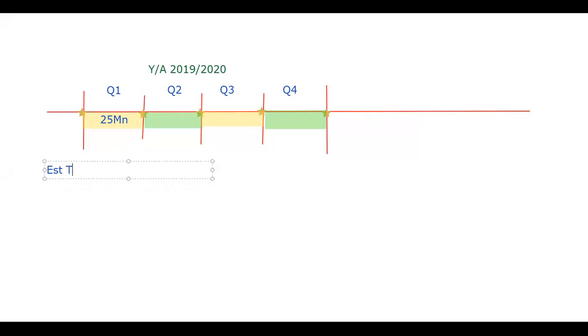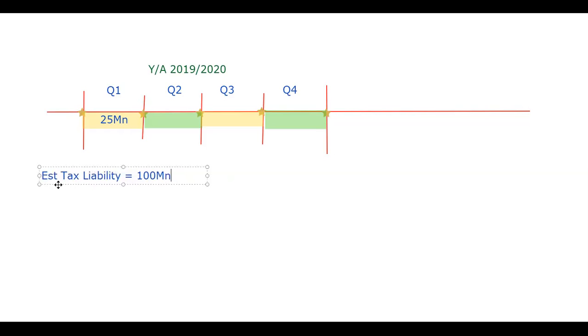Estimate tax liability for the year of assessment. For the year of assessment, let's say 100 million, you estimate as a tax liability for the year of assessment 1920. Then this estimated tax liability, you need to pay quarterly.